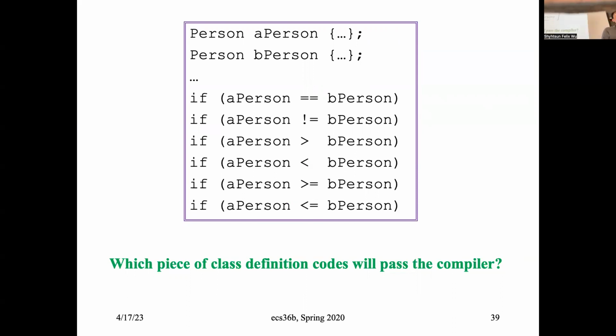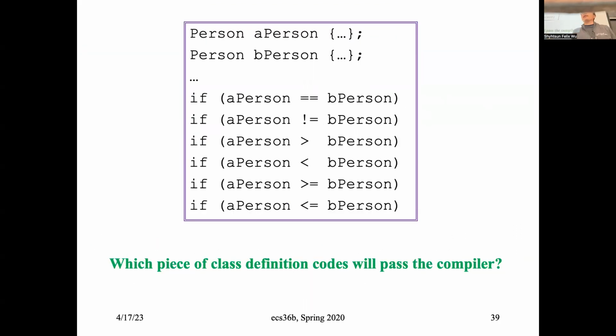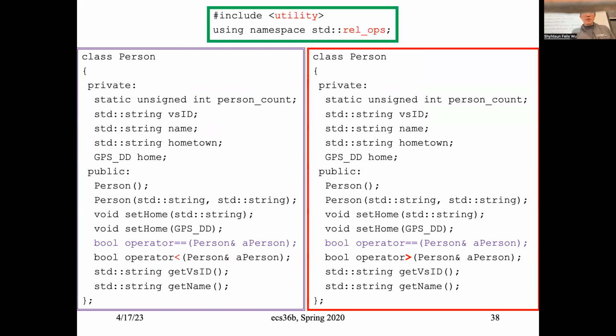My question to you is: which piece of code in the previous slide will compile successfully? The question is tricky because I only define 2 of them, and then I'm using all 6 of them. I'm asking you which one will work, because for the other one the compiler is going to give you an error. I'm going to show you.